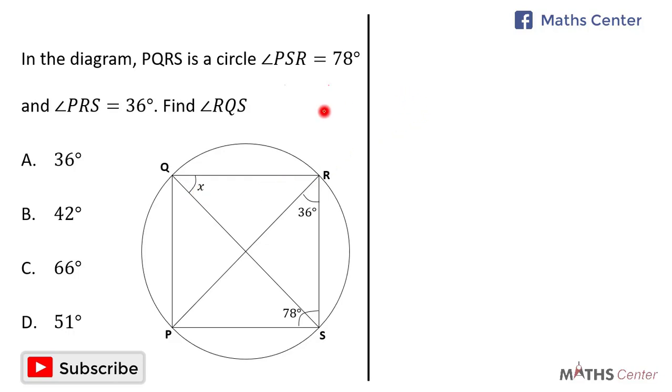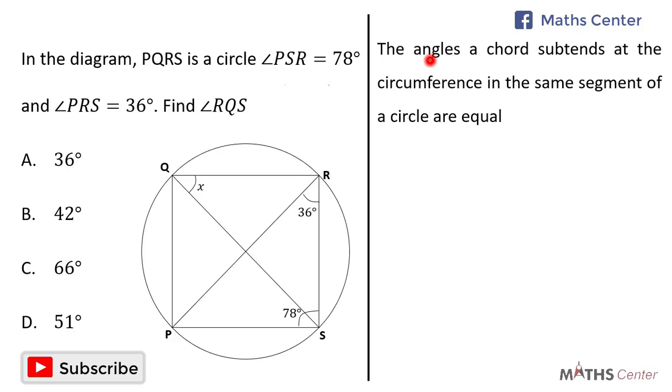One of the theorems of a circle is that the angles a chord subtends at the circumference in the same segment of a circle are equal. On this diagram, we have the chord RS. It divides the circle into two segments. We have the minor segment here and the major segment here.